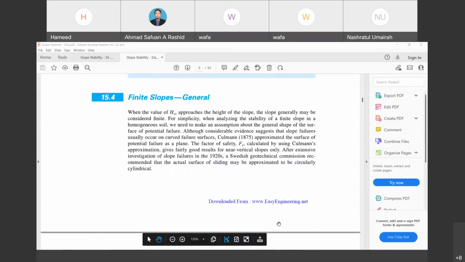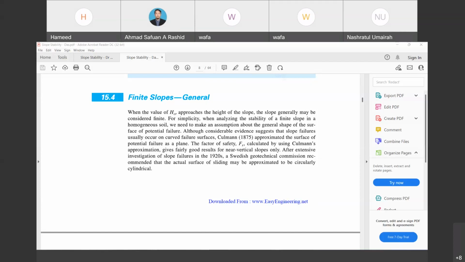Okay, this is for the finite slope. A general explanation by Das. So you can read the explanation by Das. When the value of Hcr approaches the height of the slope, it may generally be considered finite.